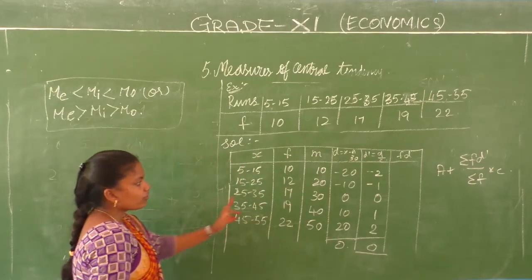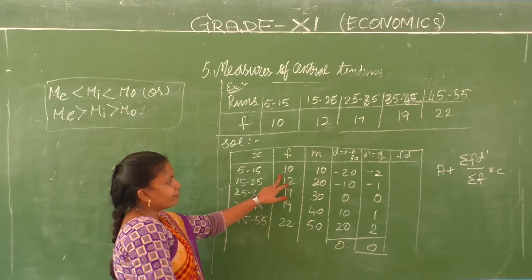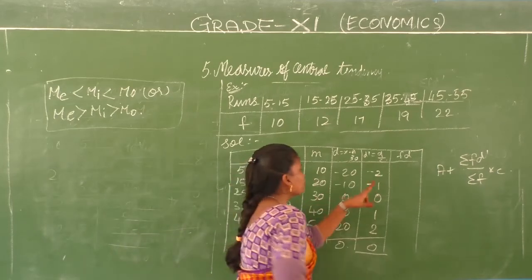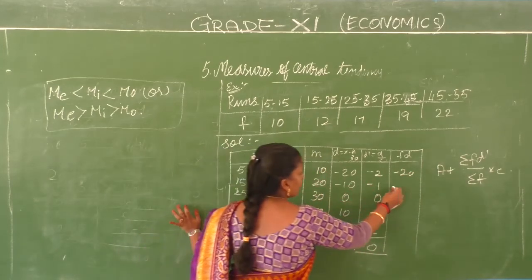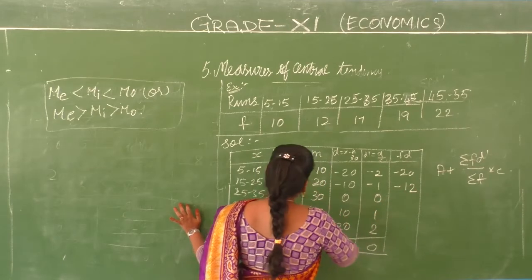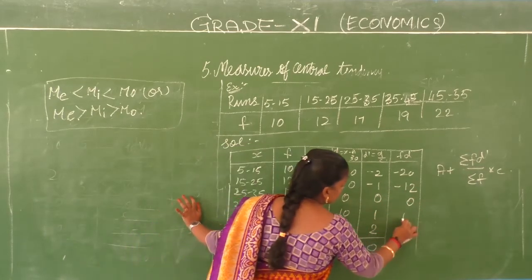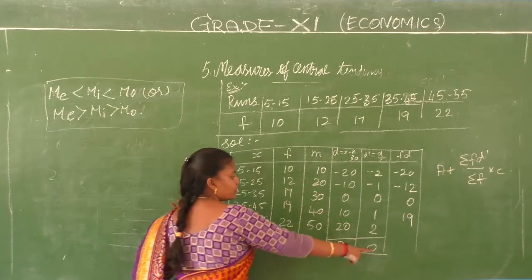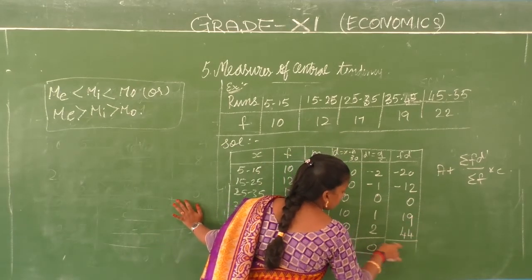Now what do you have to do? F into d dash. What are you doing, children? F into d dash. 10 into minus 2, minus 20, 12 into minus 1, minus 12, 17 into 0, 0, 19 into 1, 19, 22 into 2, 44.